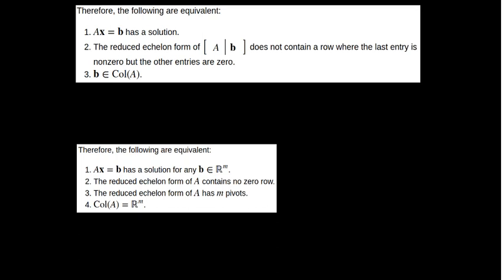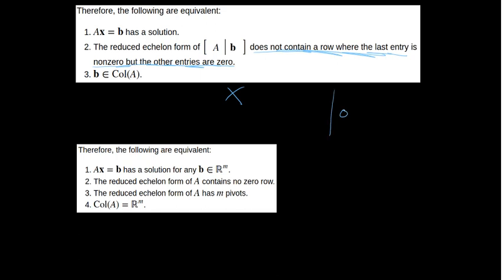And here it says that it does not contain a row where the... let me just make a picture of this sentence. It is very long, but it says that this cannot happen.